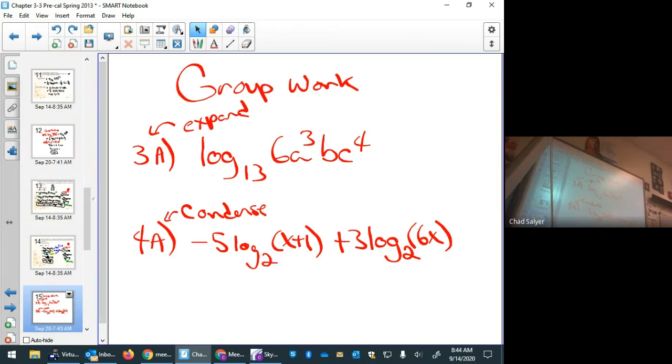But this log base 13 of 6, when you've got a non-prime number, you need to rewrite it as primes, which in this case is 2 times 3. So I can do that, and then you just rewrite those terms and you've got it. Okay. Yes, ma'am. No, that's right, that's it.